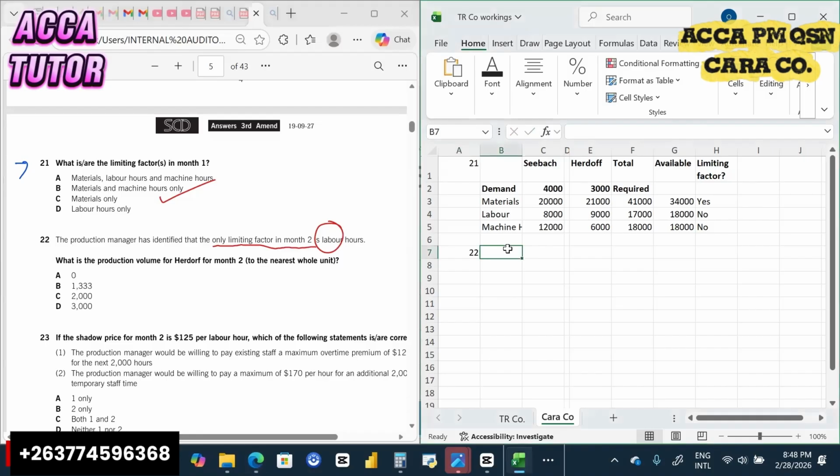So on my scratch pad, I simply say if labor hours are the only limiting factor, here is the production plan.